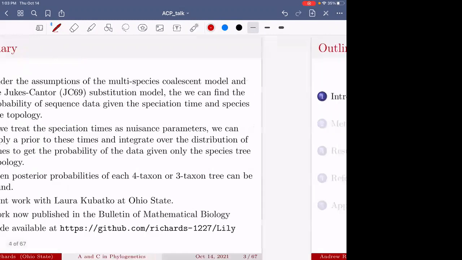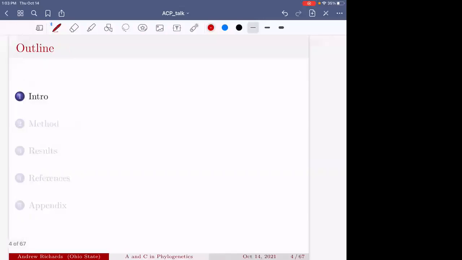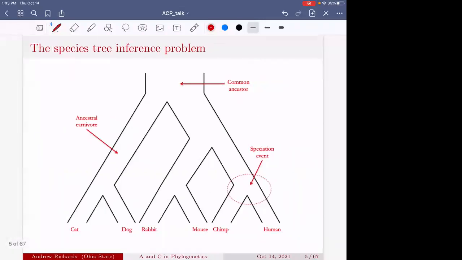All right, so a quick intro into our problem. Our goal here is to infer a species tree. What I mean by that is, looking at this visual description of a tree, we're interested in things like, if we break here, what is the number of species that fall on either the left side or the right side of some partition of the tree. We're also interested in the particular labels down here.